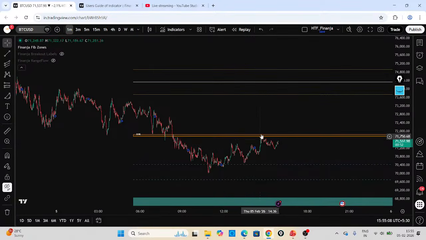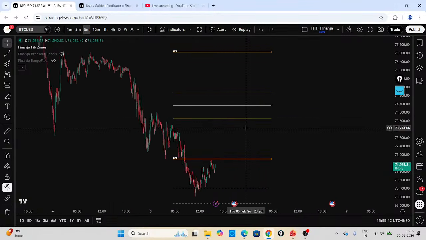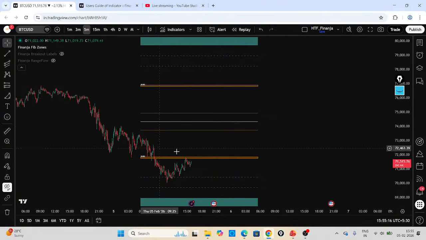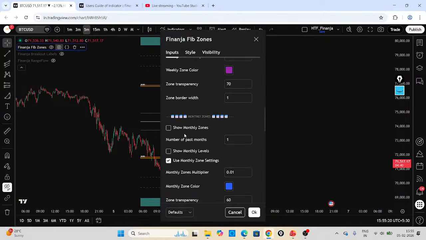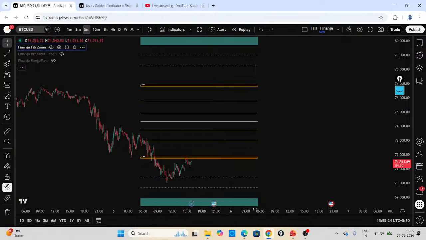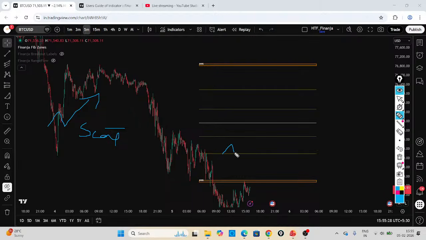But how exactly you can trade these levels, I can show you. Keep the scalping levels as they are. For scalping levels, it is better to enable these levels, because scalping will most of the time be level to level scalping only. Quick entry, quick exit, quick entry, quick exit.